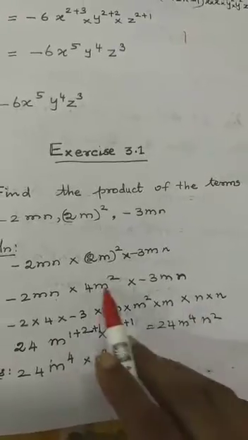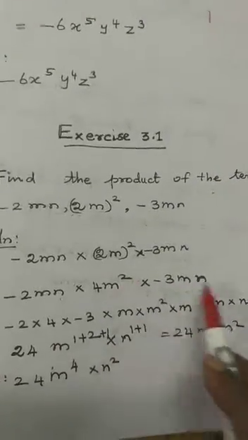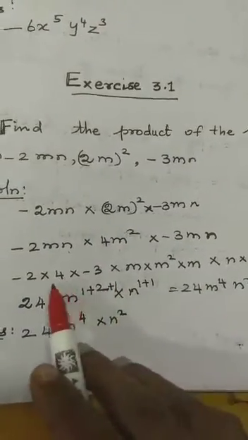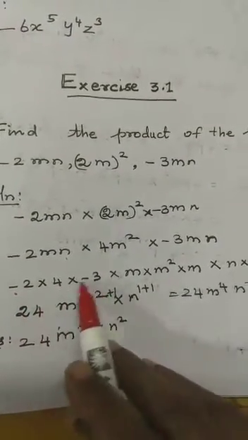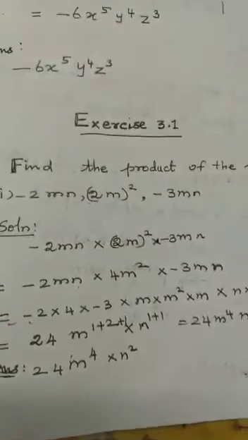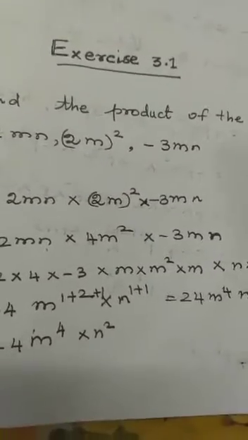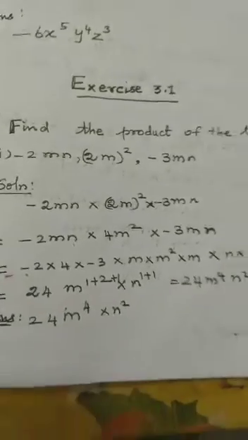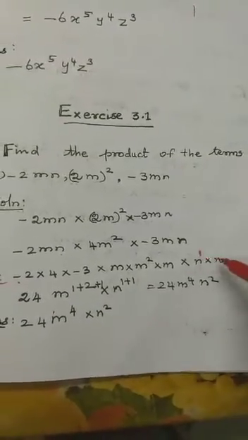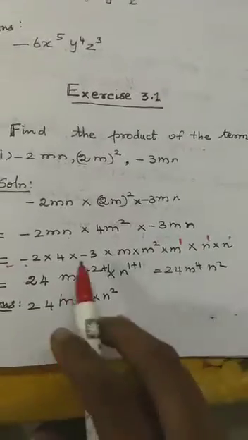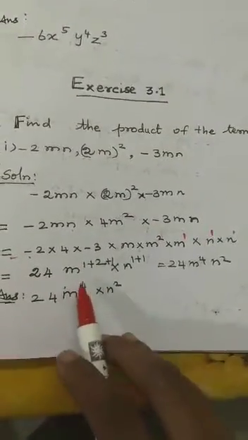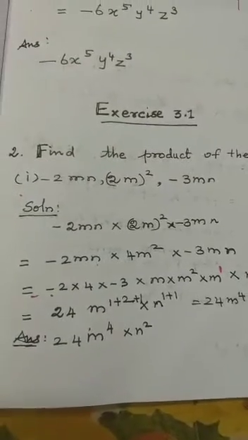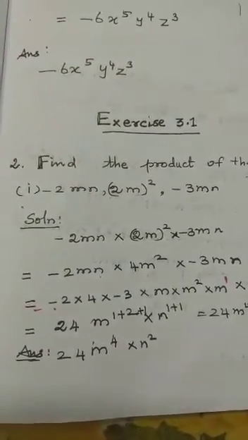Then n into n into n. Okay. Now 4 3s are 12, 12 2s are 24. Minus and minus becomes plus. So 24, m power 1 plus 2 plus 1, then n power 1 plus 1. Now power 4 and n square. So 24 m power 4 n square is the answer.